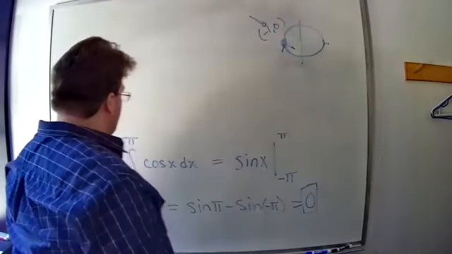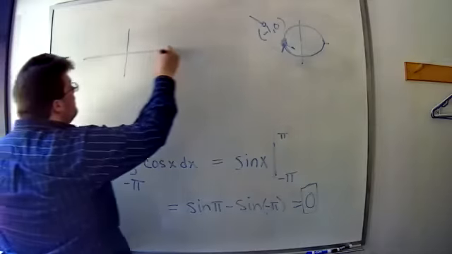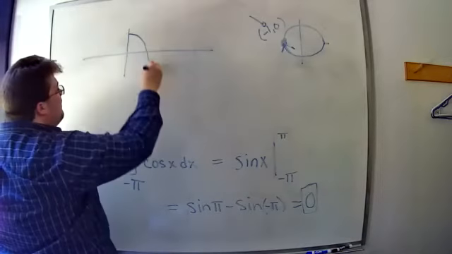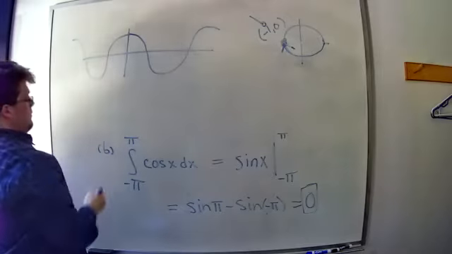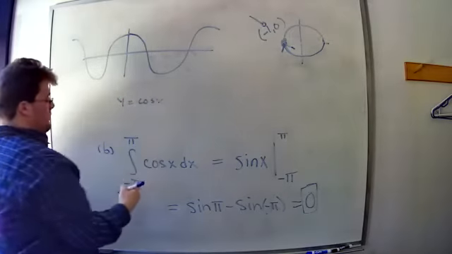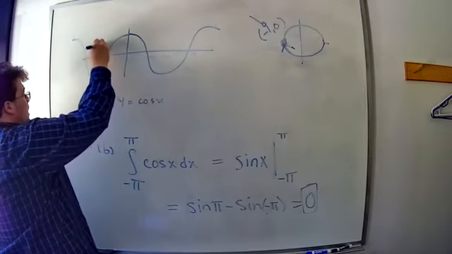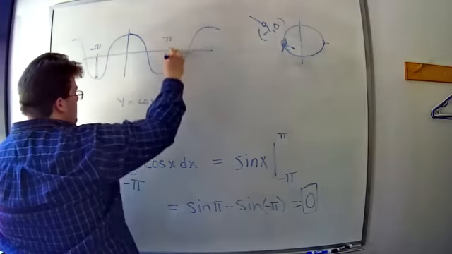There's another way we could have arrived at 0. Using our function as cosine. We're looking from negative pi to pi. Negative pi is over here. Pi is here.